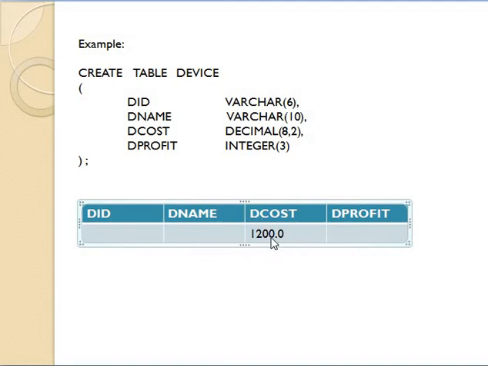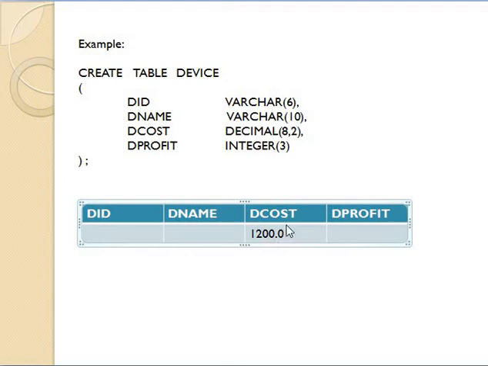Now if I leave the value like this as 1200.0, here before the decimal point you have in total 4 digits, that is 1200 comprises of 4 digits, and since the precision has the value 8, that means the maximum allowed limit is 8, and that's why before the decimal having 4 digits with the value 1200 is acceptable.